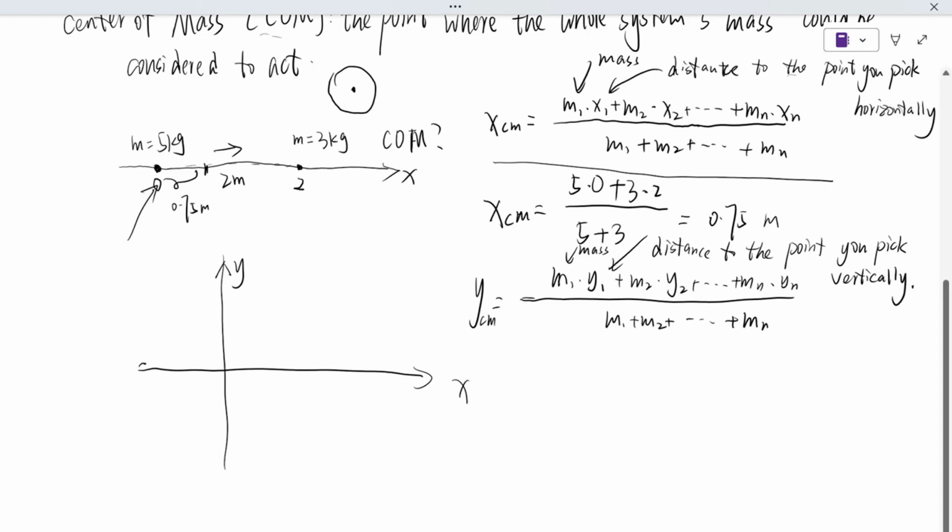So let me give you another easy example, but I will not do this problem for you. This is another rock with a mass of 8 kilograms. And this is a stone with a mass of 3 kilograms at position 4, 3.